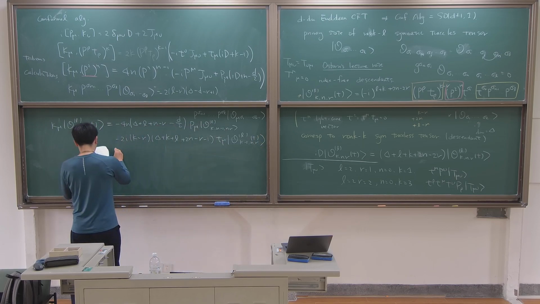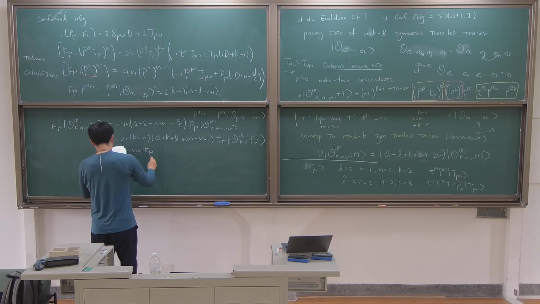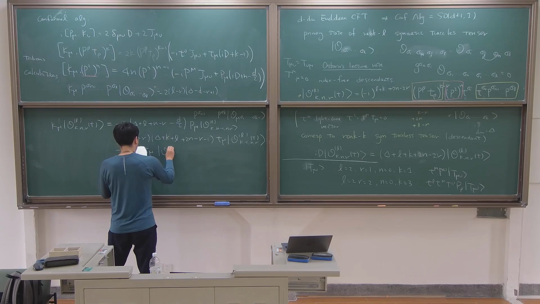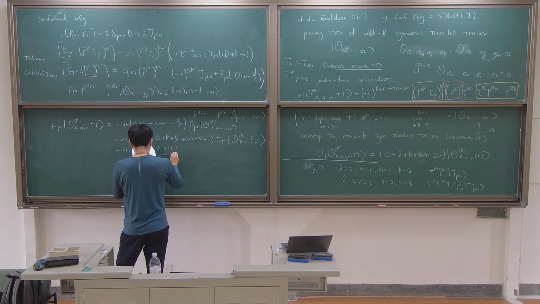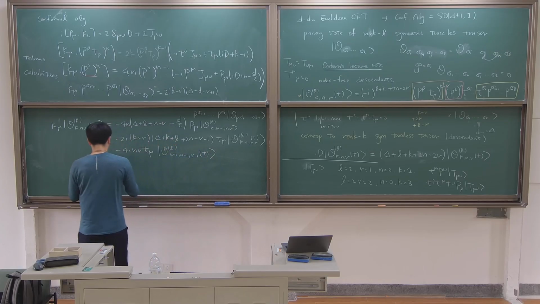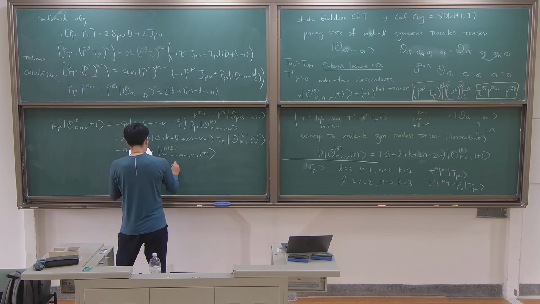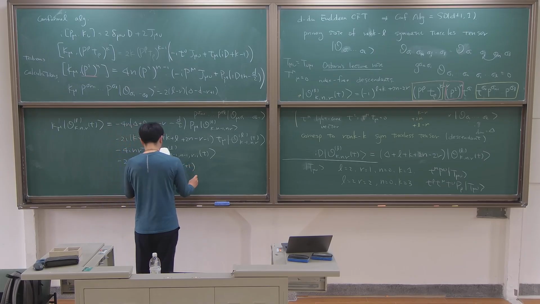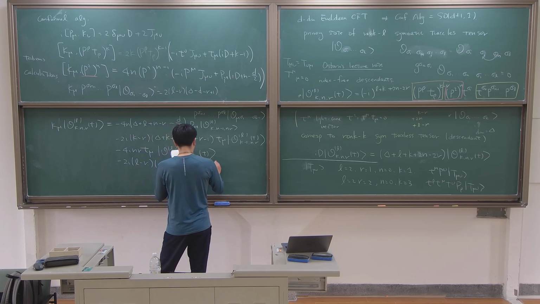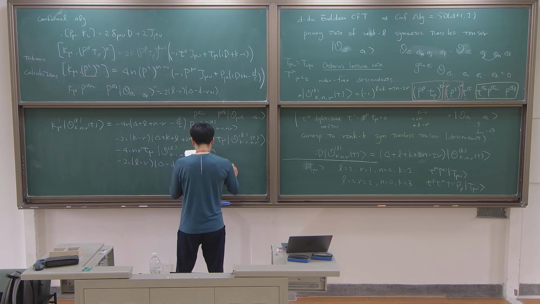Okay, and minus 4i n r t mu O L, and then minus 2i L minus r delta minus d minus r plus 1 and O mu L K n r.